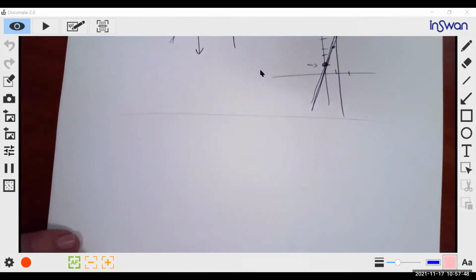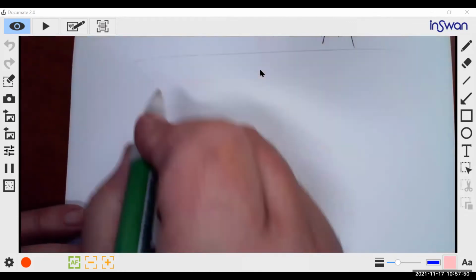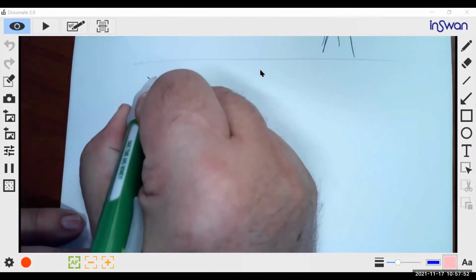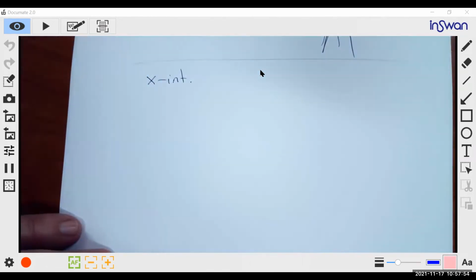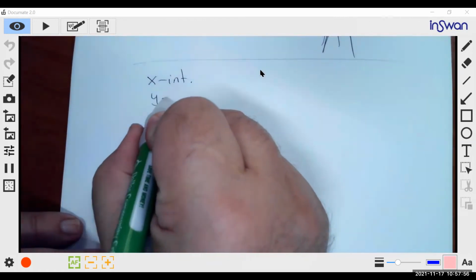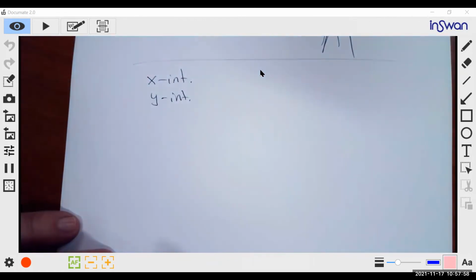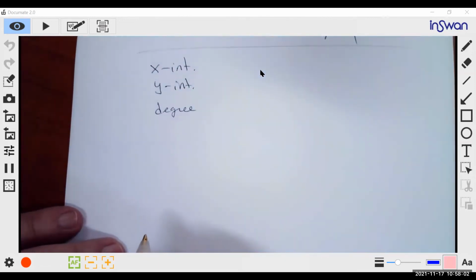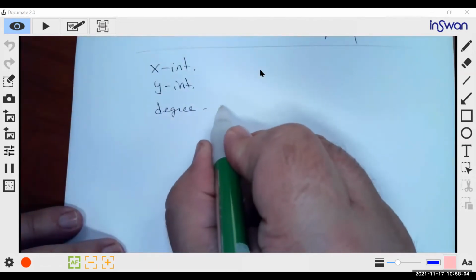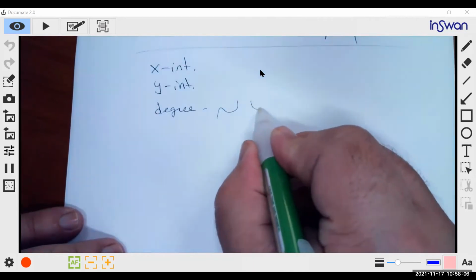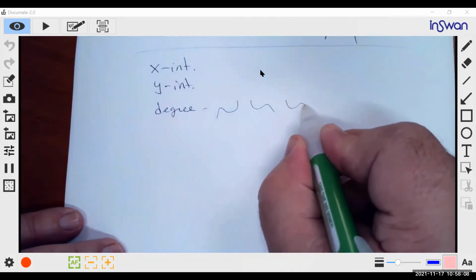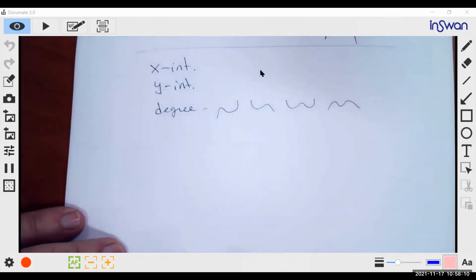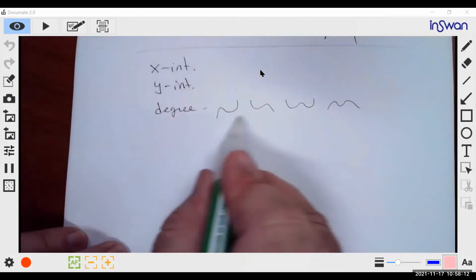Reason we need those is because if you think about what we have so far, we have X-intercepts. We have the Y-intercept. We know the degree. That's whether it's going to be like this, like this, like this, or like this. The degree tells us the shape of the curve.